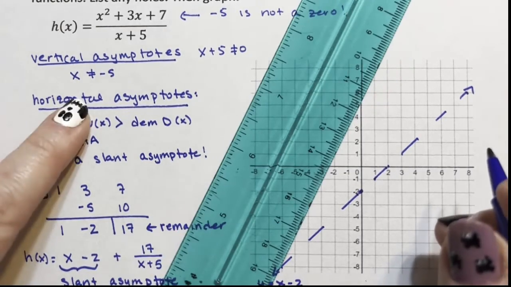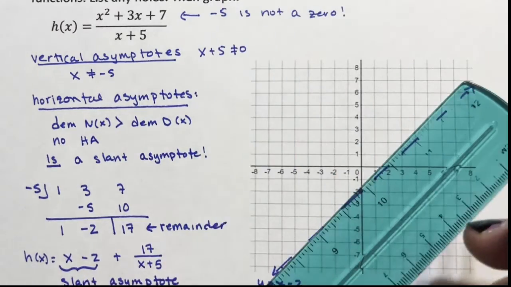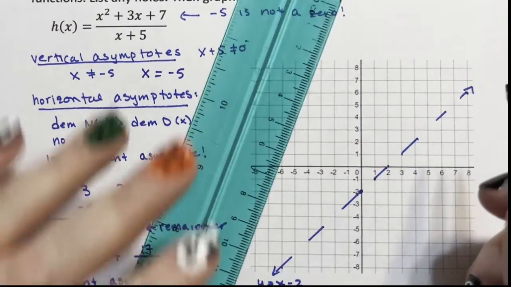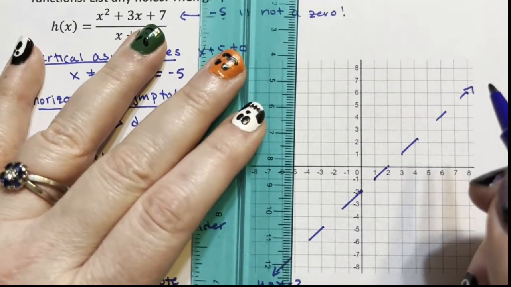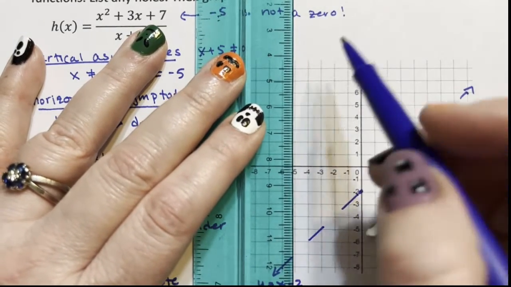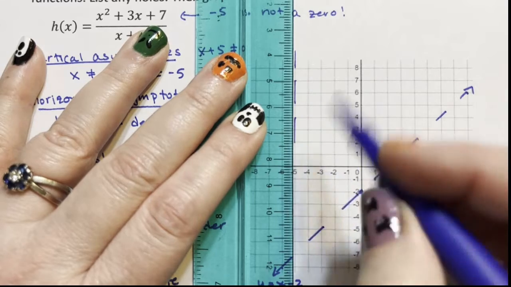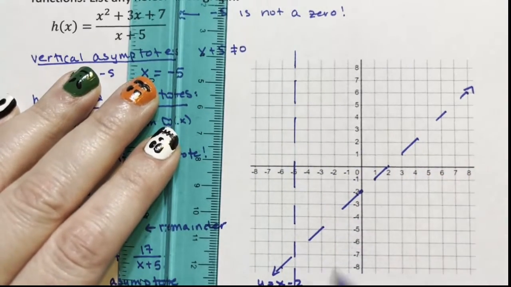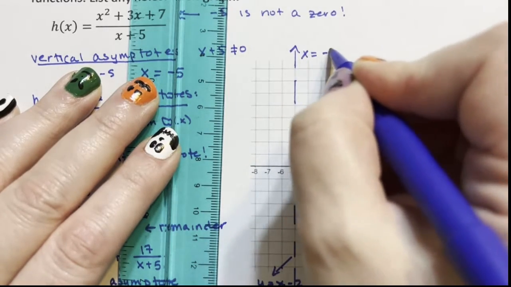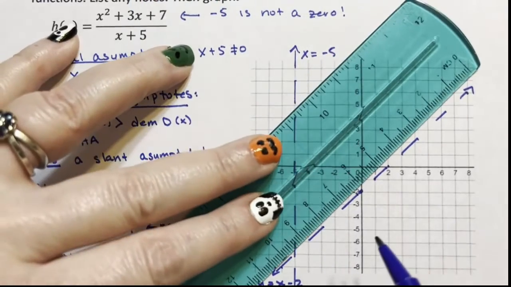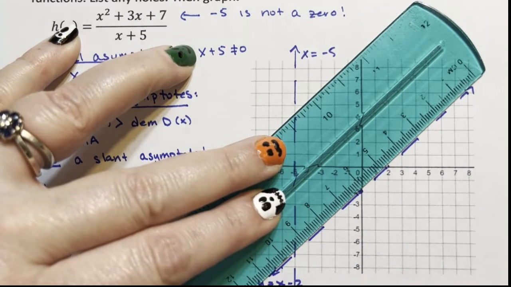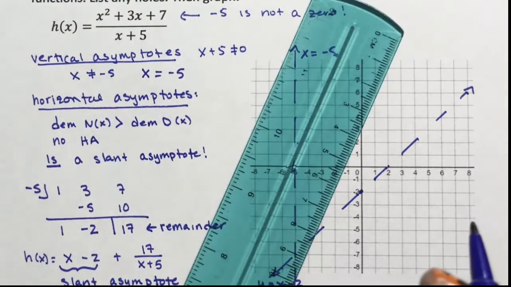Our vertical asymptote is x equaling negative 5. We barely have any of this on our graph since I don't have a x equaling negative 5. We could bring this out a little bit further just so that we have something to graph down here.